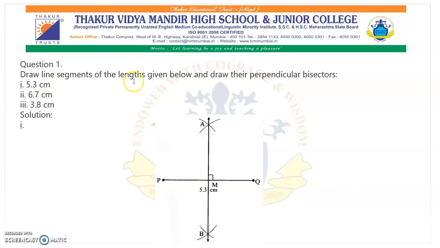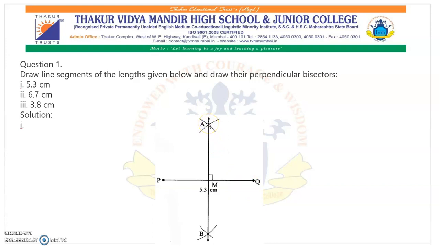Question 1. Draw line segments of length given below and draw their perpendicular bisectors. In this, we have to follow the same method which I discussed in the previous slide. First, draw a segment PQ of length 5.3 centimeter. Keep the pointer at point P. Take the distance more than half the length of segment PQ.